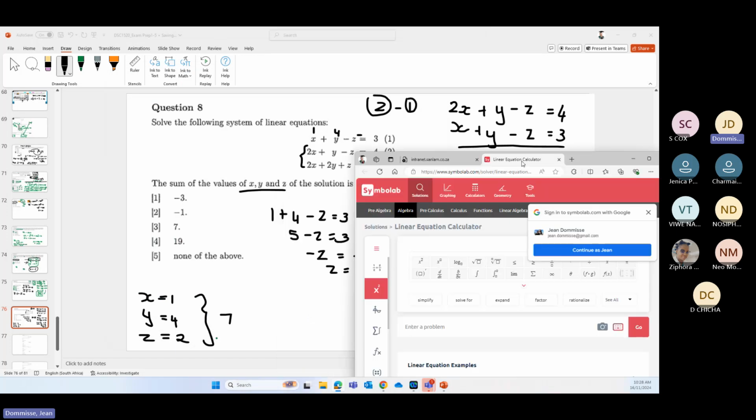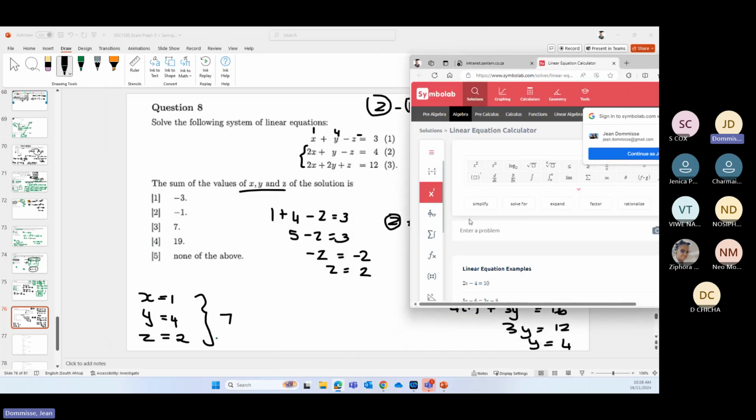If you wanted to just check it, I will share this link again in both the presentation and in the chat. If you ever want to make sure you've done it correctly, you can just put it in here. You can see I have not tested this one yet, because then it would probably have come up as one of the ones that I have done already.